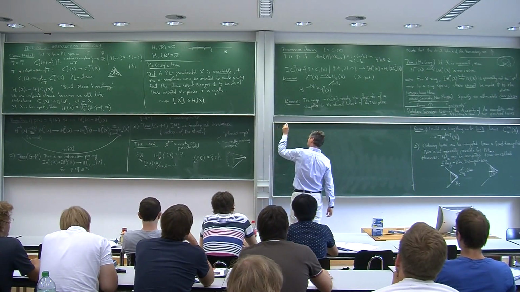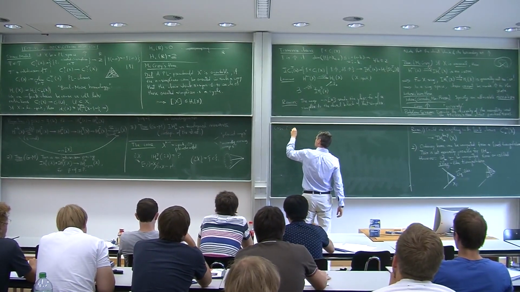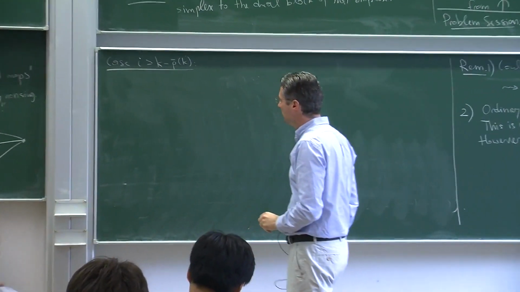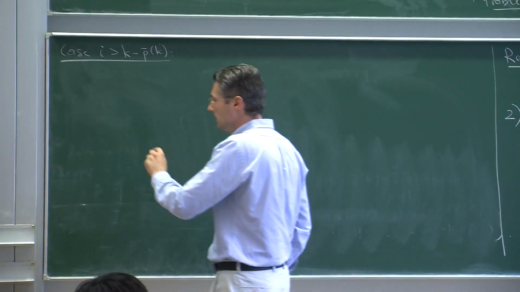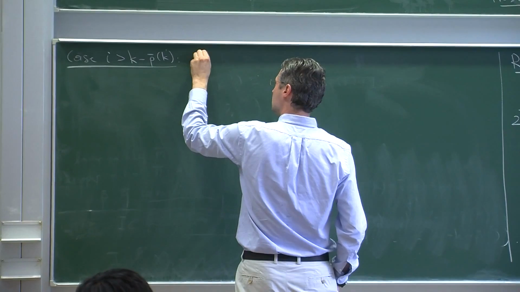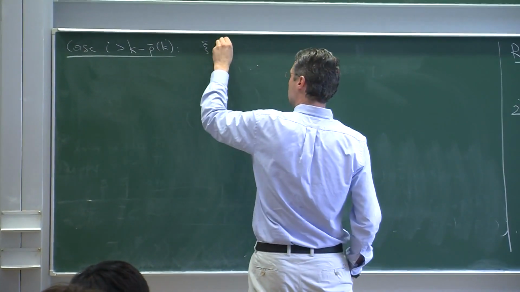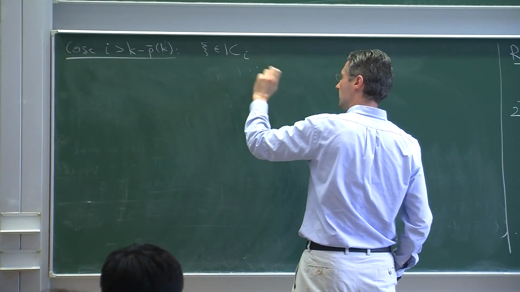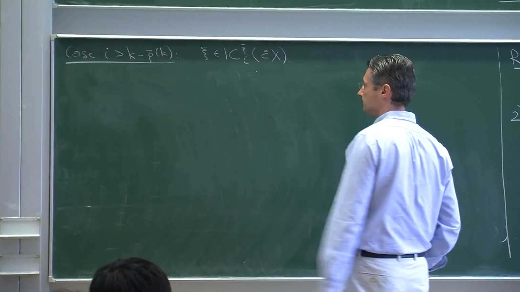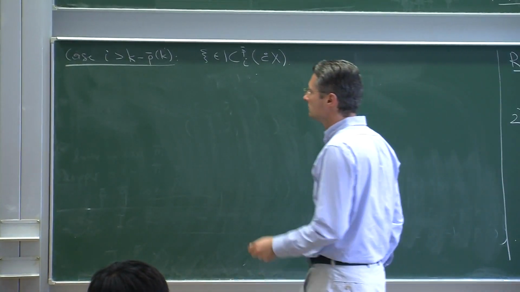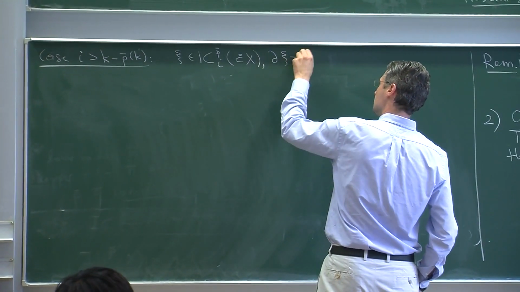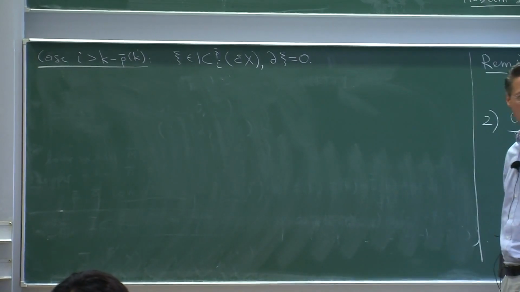So one has to distinguish 2 cases. Let's say i is greater than k minus pk. So in this case, suppose that xi is an intersection chain of dimension i in the cone. And suppose it's in fact a cycle, so that it represents a homology class.